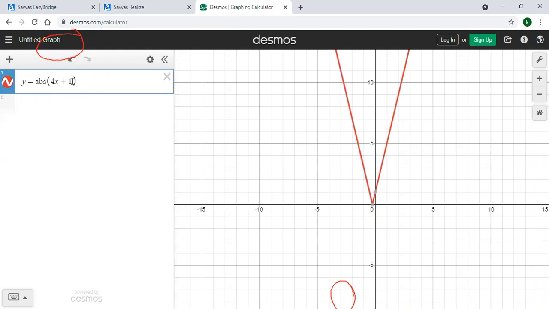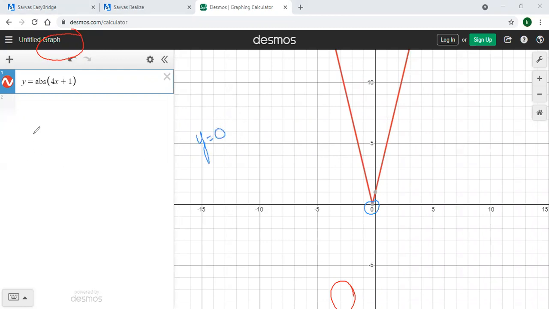Well, let's first of all talk about this point down here at the bottom, the vertex, if you will. What would the x value be down there? What do you know about that point? It looks like the y is 0, isn't it?